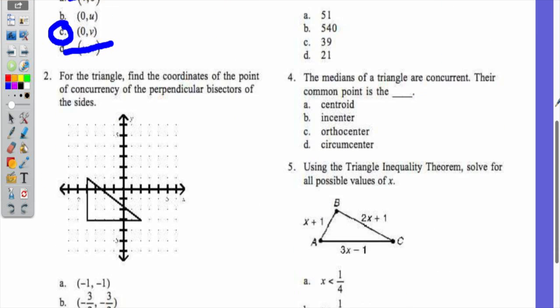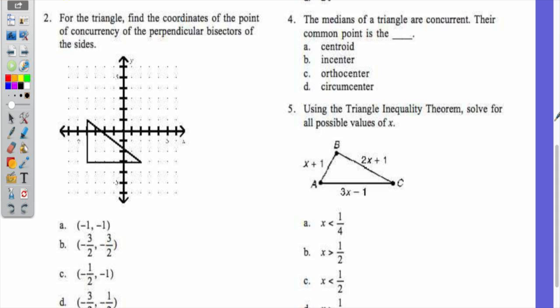For number 2, what you're really asked to know here is that the point of concurrency for the perpendicular bisectors of a right triangle is going to be the midpoint of the hypotenuse. I don't want you to eyeball it because it might not be exact. -1, -1, and -1.5, -1.5 are going to be really close to each other on a grid. But because this is on a coordinate grid, you can tell that this vertex is at -4, 1.